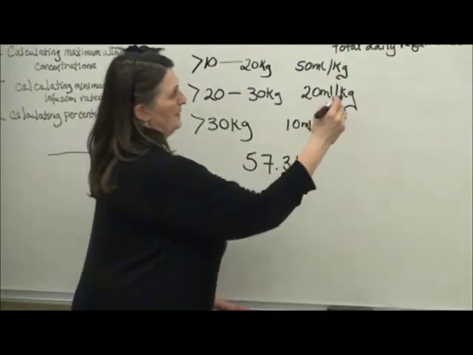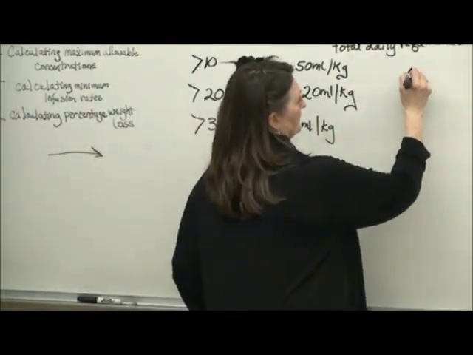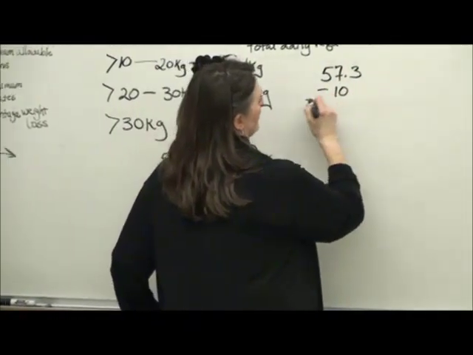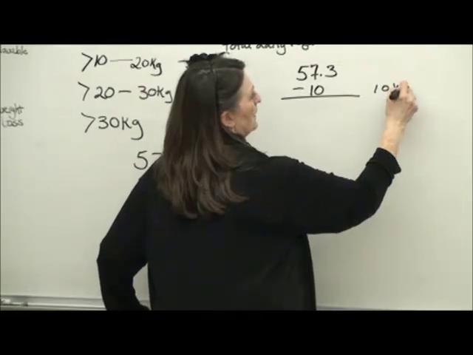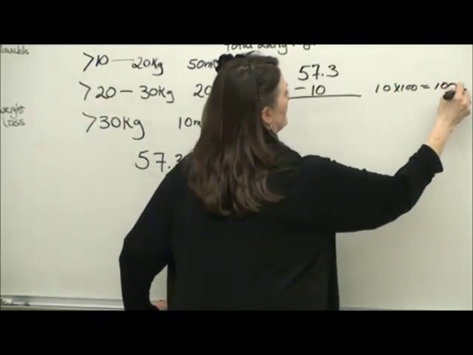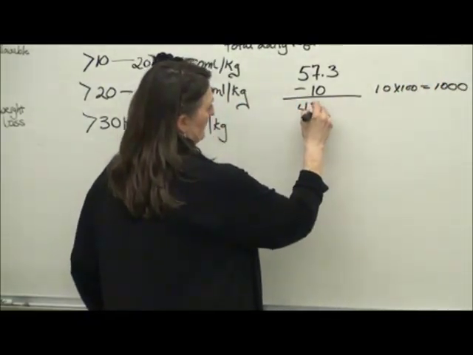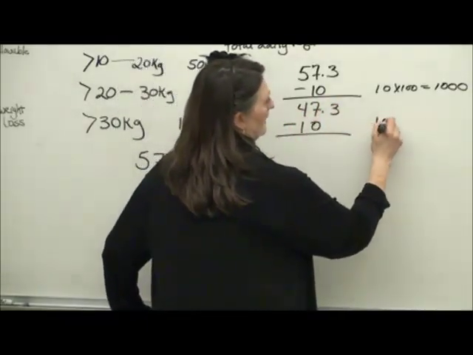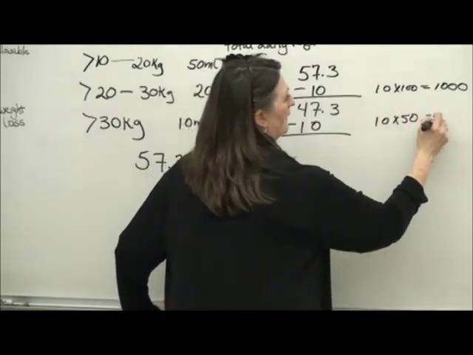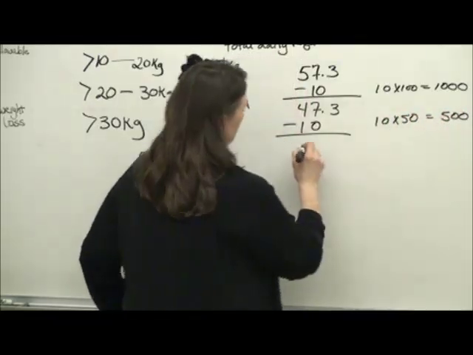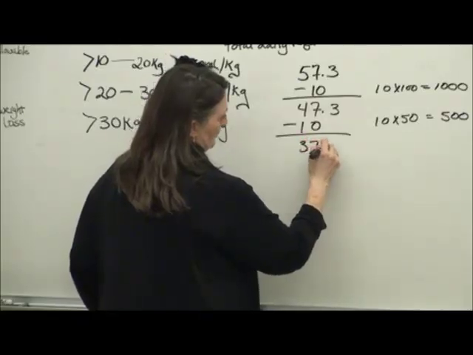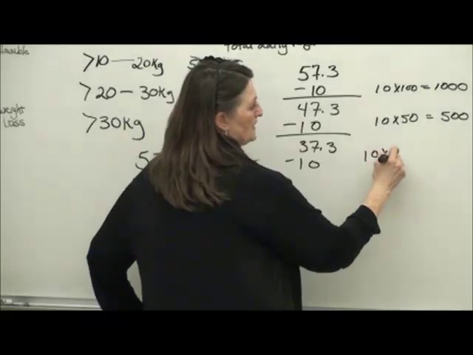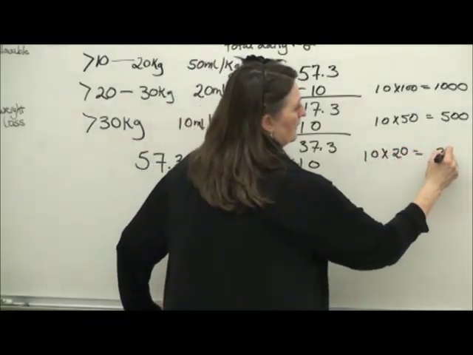So let me make this up a little higher so you guys can see it. 57.3. We take away the 10 kilos at 100 is 1,000. And that leaves us 47.3. We take another 10 away at 50 per kilo is another 500. That leaves us 37.3. We take away 10 at the 20 per kilo.